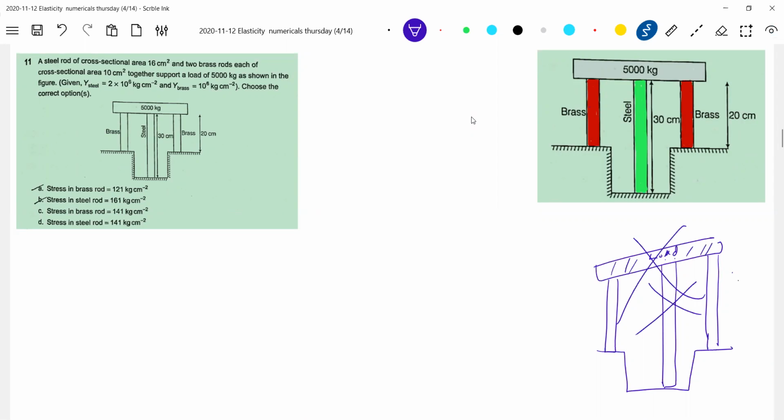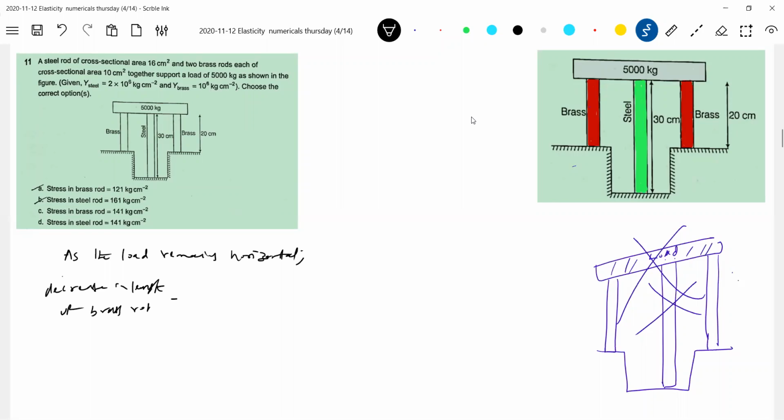So what we can write now: the decrease in length of the steel rod should be equal to the decrease in length of the brass rod, as the load remains horizontal.